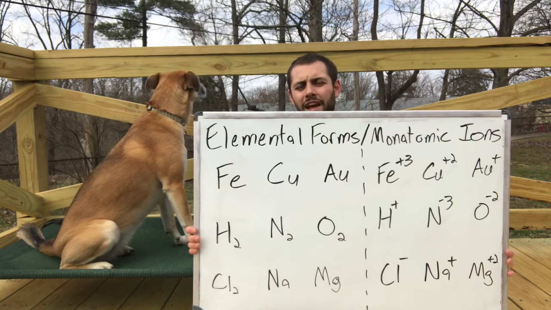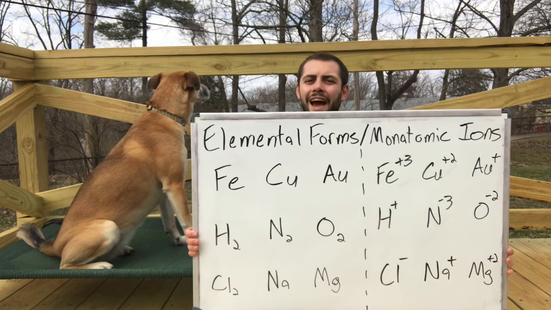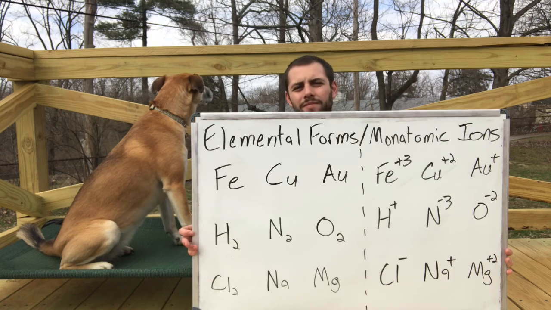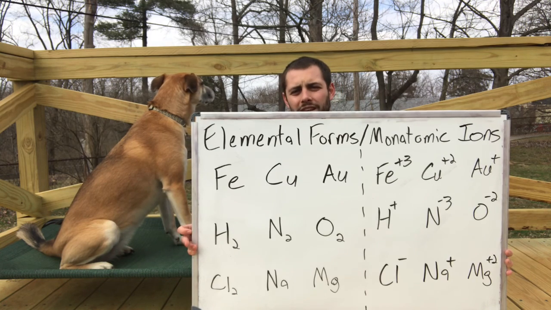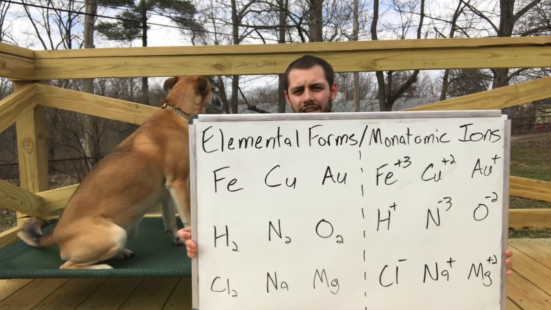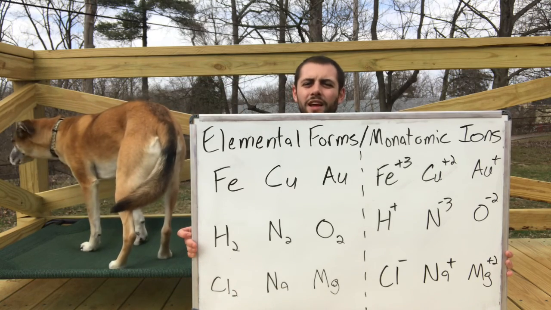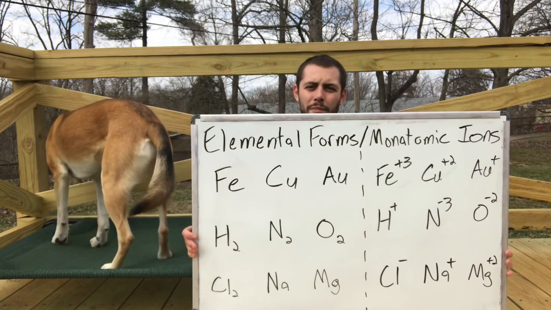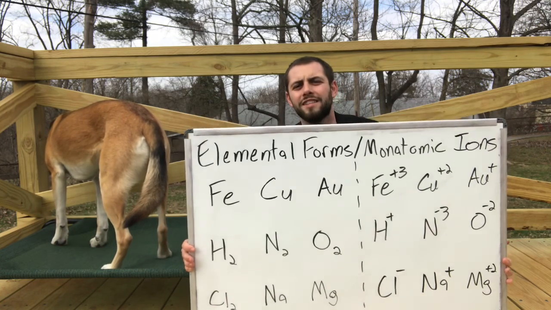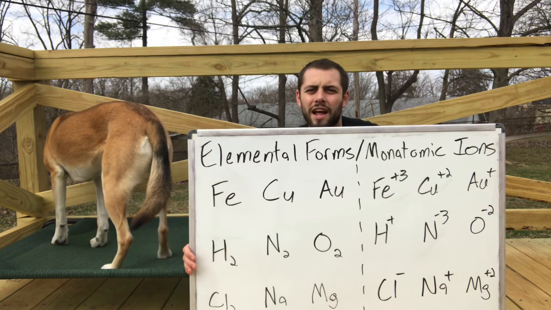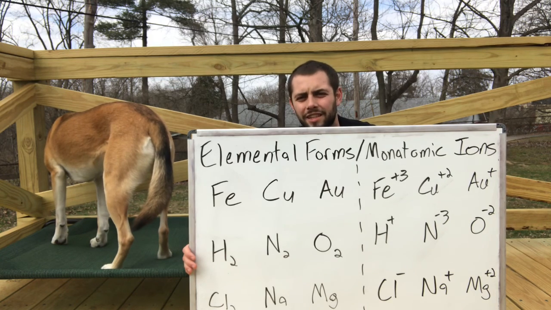But when it's in the elemental form, it hasn't formed any bonds yet, aside from the diatomics, meaning it hasn't lost any electrons, and it hasn't gained any electrons either. In the case of the diatomic elements, they're exactly equal in their electronegativity, so it's not like one of them can steal the electrons completely from the other one.